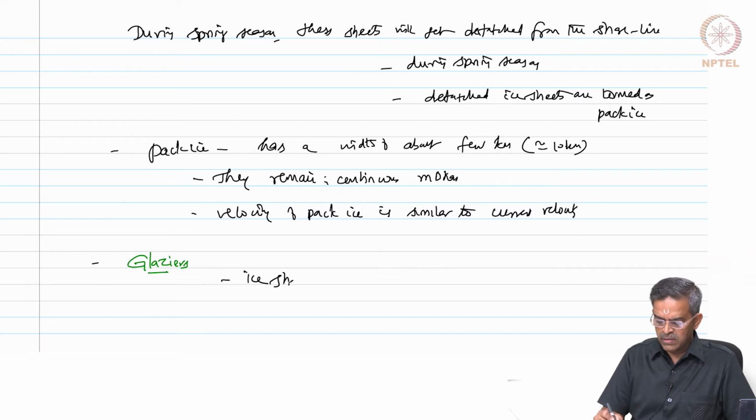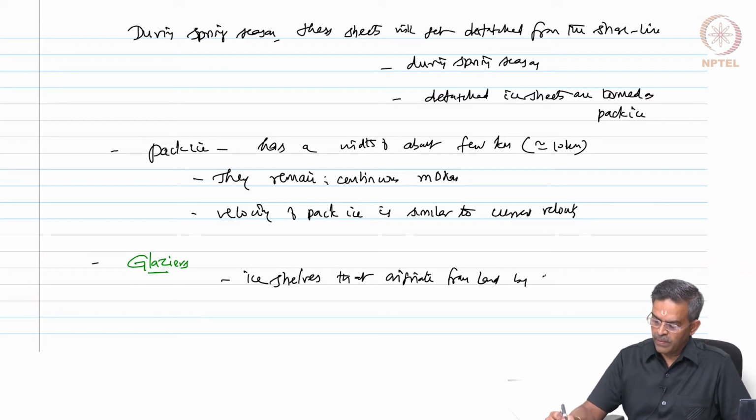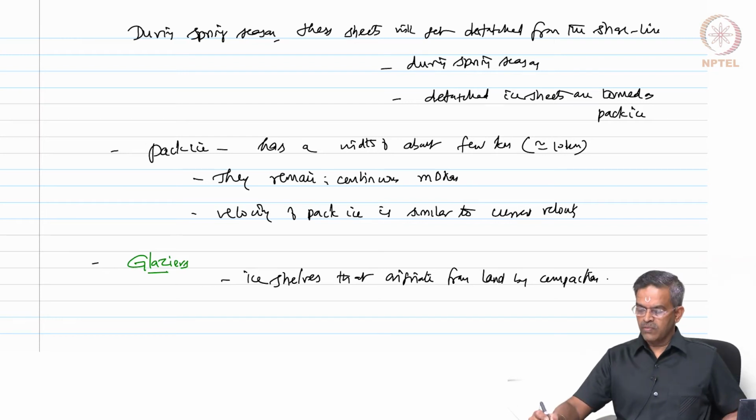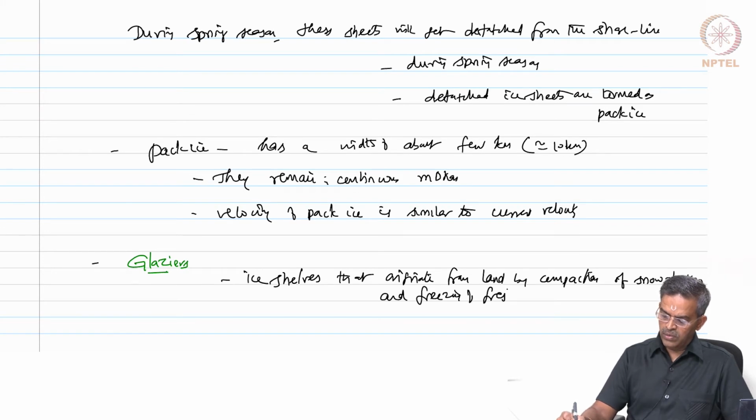Glaciers are essentially ice shells which originate from land by compaction of snow layers and freezing of fresh water.